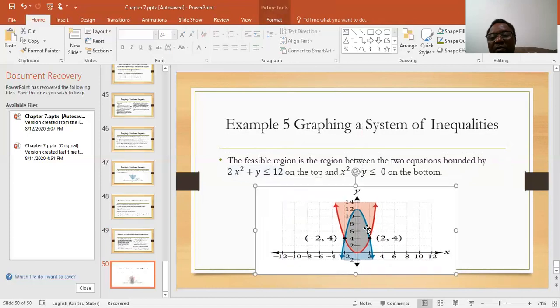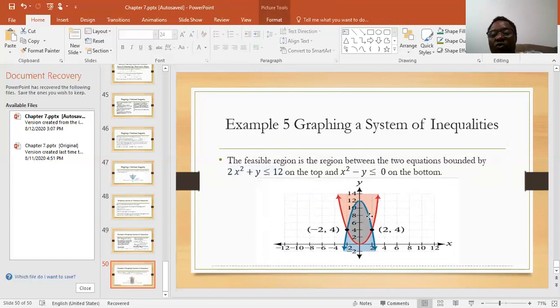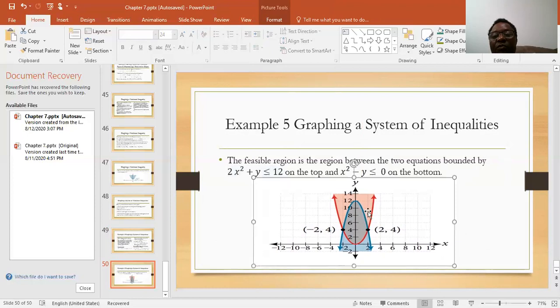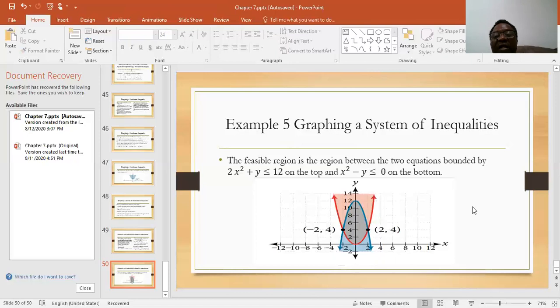So the point 0, 2, which is here, is a solution to the inequalities. The region containing that point is the solution to the system. So always pick an easy point after you have graphed your equations to determine the region which is actually the solution of the inequality.